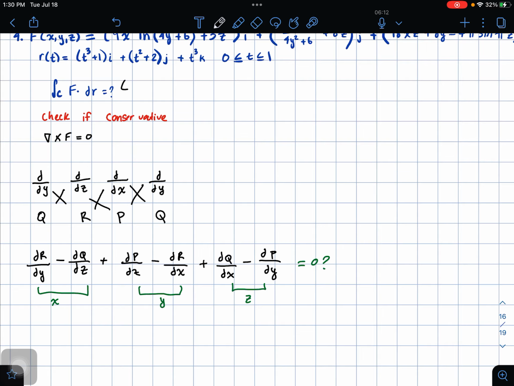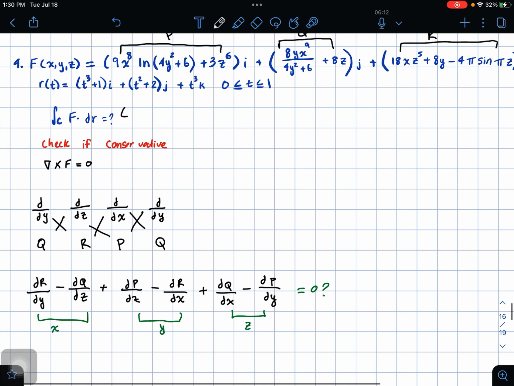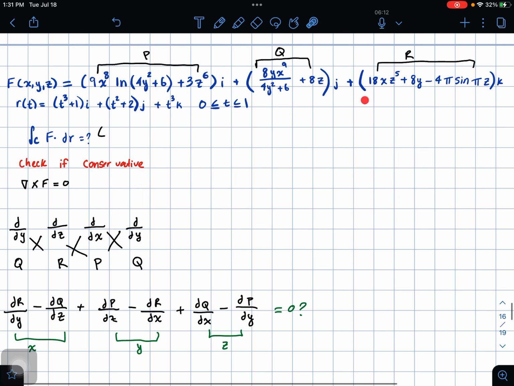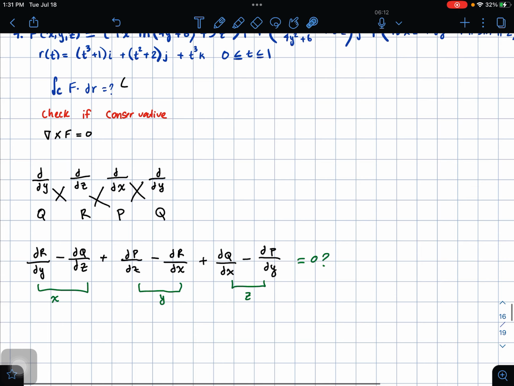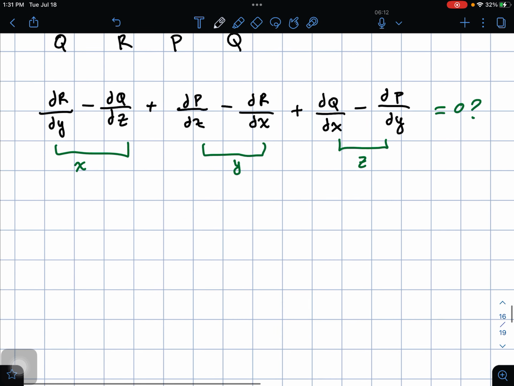Okay, so let's see. We have to look at our R. So R is this thing right here, and we have to take the partial derivative with respect to y. Okay, so let's do that.